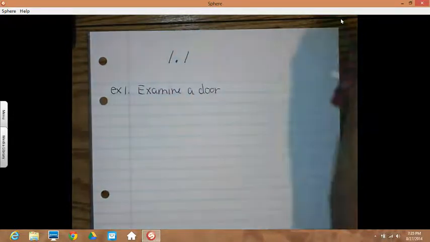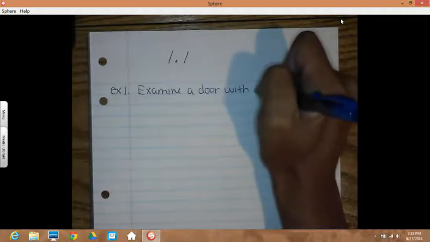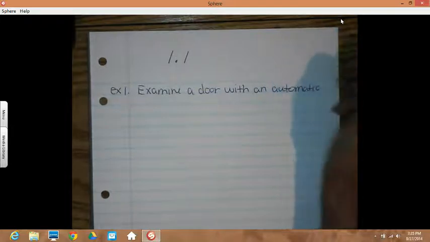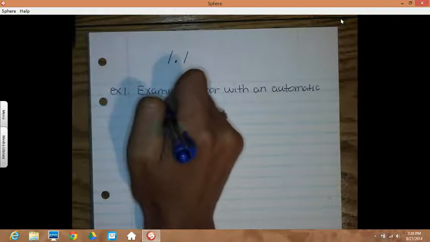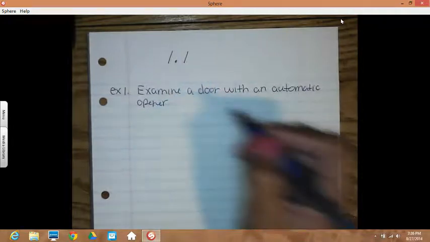a door with an automatic opener. So what happens with this particular one? When you hit the button, the door is going to open fast.